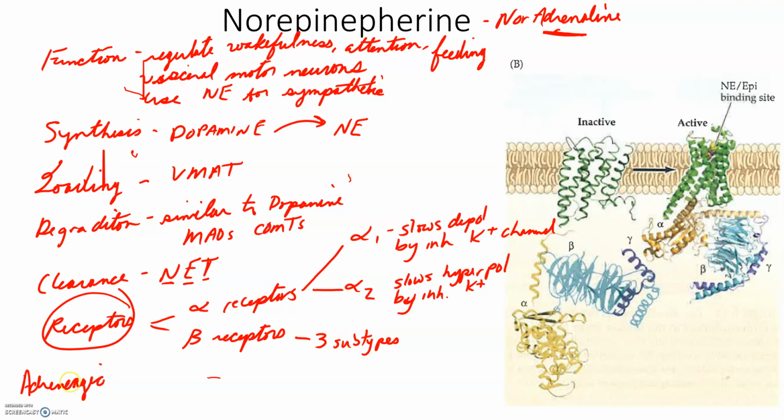There are alpha adrenergic receptors and beta adrenergic receptors. There are alpha 1 adrenergic receptors and alpha 2 adrenergic receptors. These beta receptors have most effect on smooth and cardiac muscles.